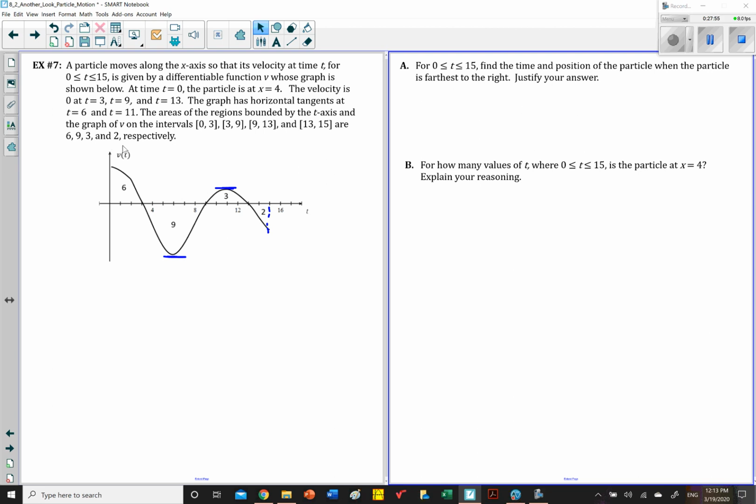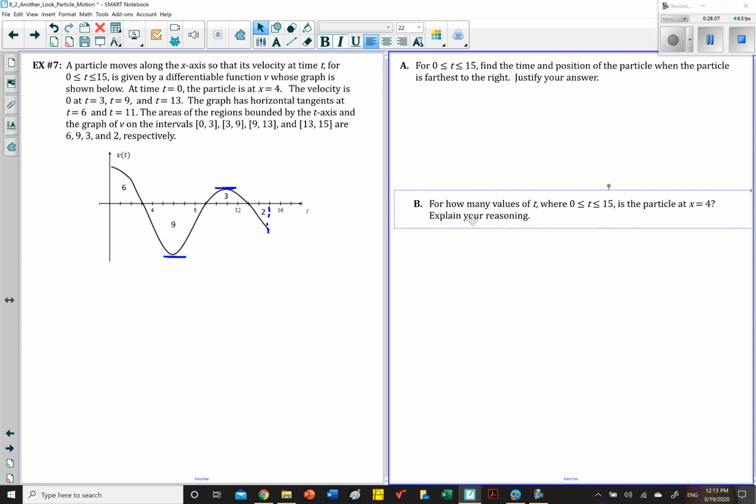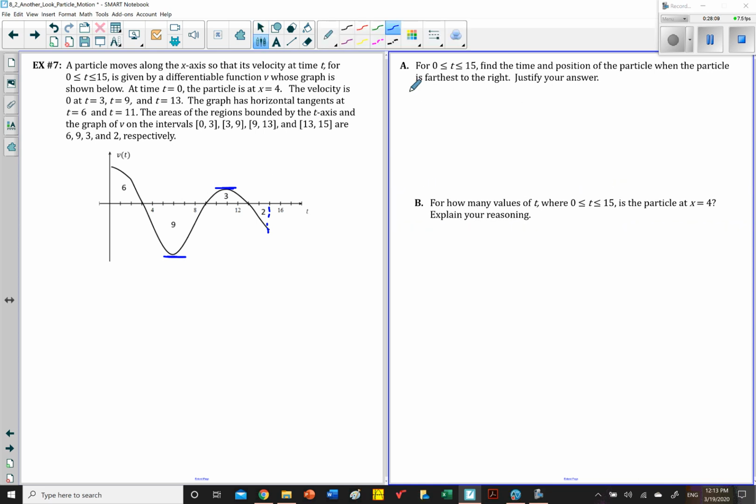And then for part A, on 0 to 15, find the time and the position of the particle when the particle is farthest to the right and justify how we know. So first we could just look at the first interval from 0 to 3. Find out what x of 3 is. It would be the initial value.